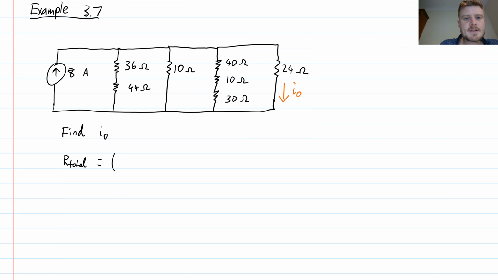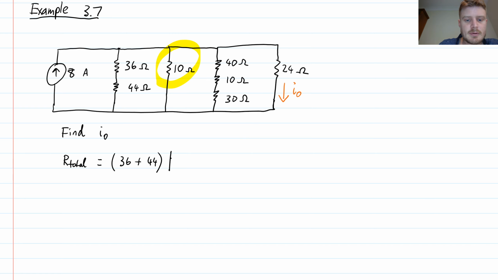And so on this first branch, just looking over here at the moment, I've got 2 resistors in series. And so I remember that when I have resistors in series, I add their resistances together. So this one is 36 plus 44 ohms. Now that is in parallel with this 10 ohm resistor over here.